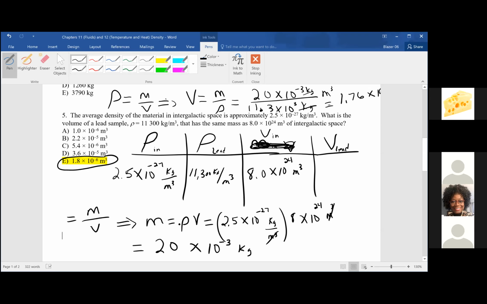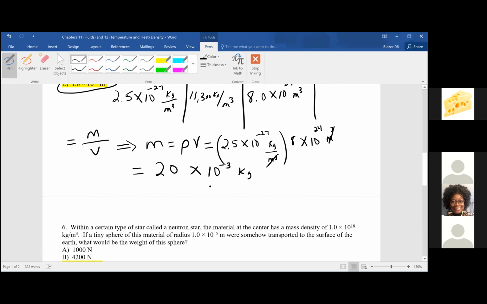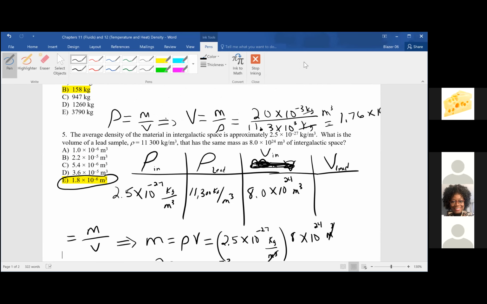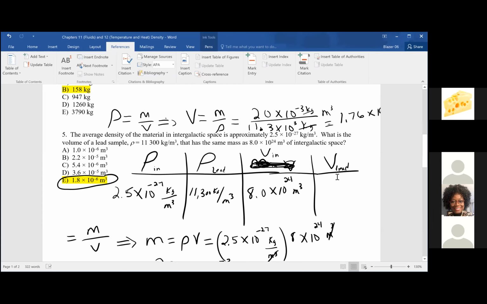Okay, so those are the type of questions that you will have in our next exam or assignment for chapter 11. Before I move to chapter 12, I wanted to do just a few more problems with pressure. Since most of these dealt with density, I want to do some with pressure. So let's go to the assignment I sent you just before we came online.